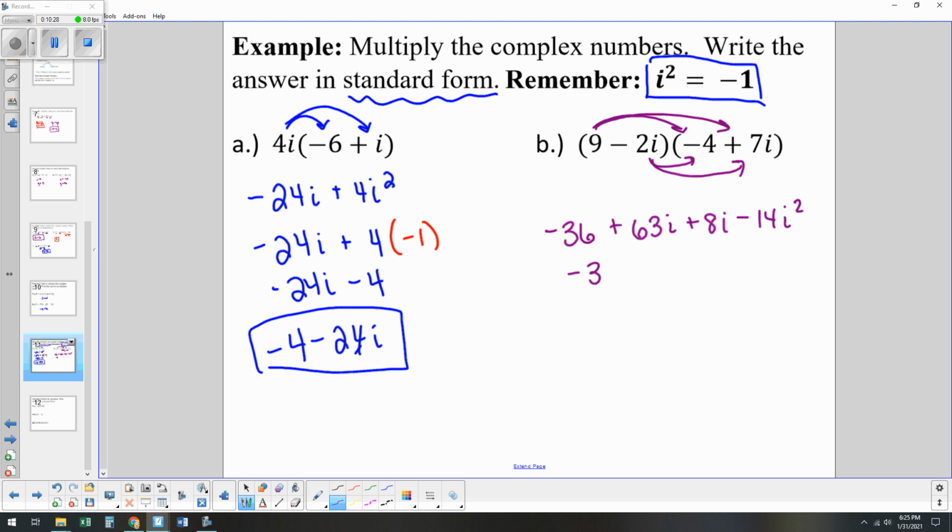So we have negative 36, 63 plus 8 is plus 71i minus 14 times negative 1, right? We're replacing that i squared with negative 1. So this is really negative 36 plus 71i plus 14, right? Negative 14 times negative 1. So now I'll combine my real numbers, negative 36 plus 14, get negative 22 plus 71i.